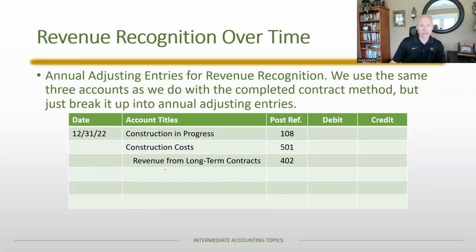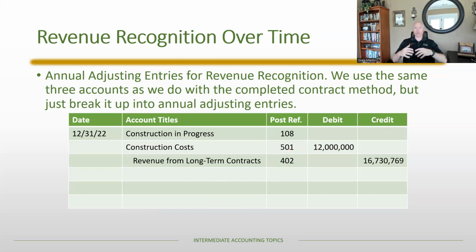And so the revenue account, again, for 2022, we calculated that to be 16,730,769. And whenever we recognize that, then we also simultaneously recognize the cost to date. And now we're going to recognize those costs as an expense. And so that construction cost account, again, just as a reminder, it's a 500 series. It is an expense. The cost to date were 12 million, right? We had calculated that.